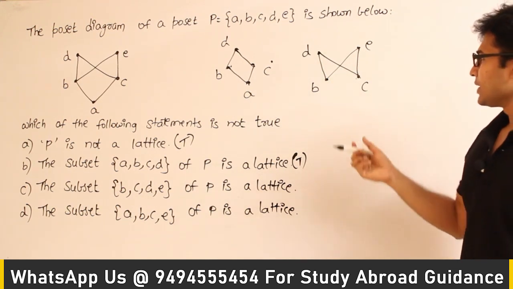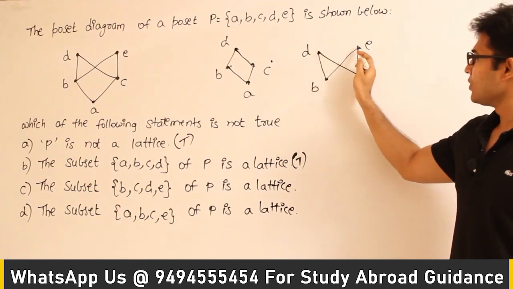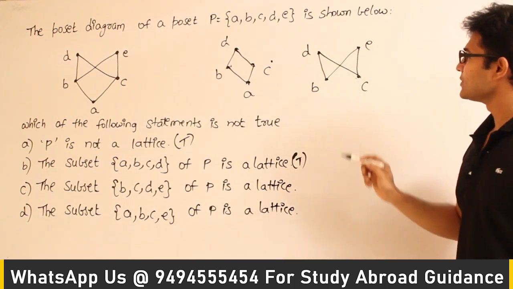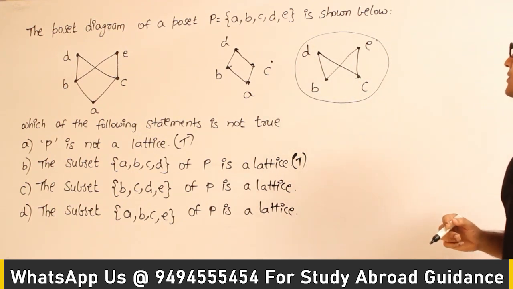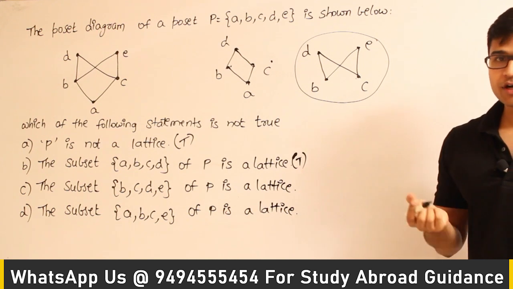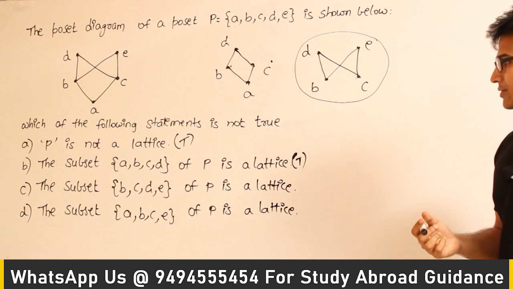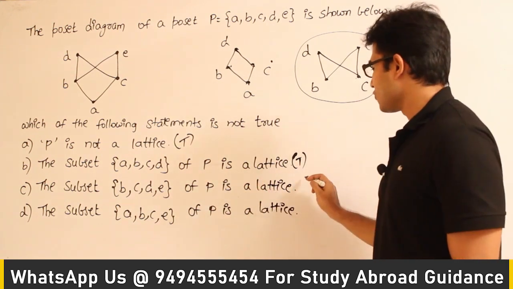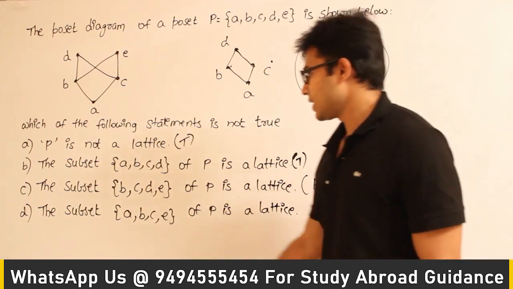Therefore there will be no greatest lower bound for the 2 minimal elements and no least upper bound for the 2 maximal elements. So this particular poset is neither a join semilattice nor a meet semilattice, and it is not a lattice, but they are saying that it is a lattice. Therefore this one is false, this one is not true. So this is the answer.